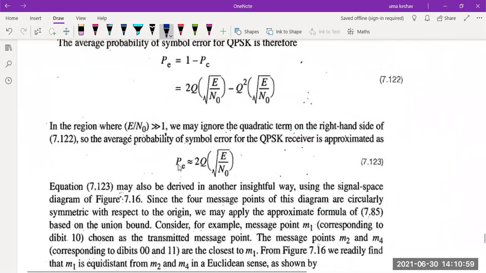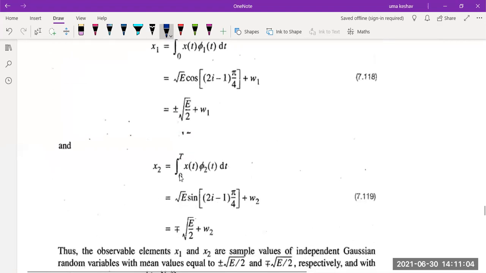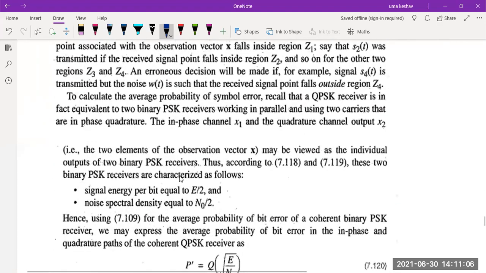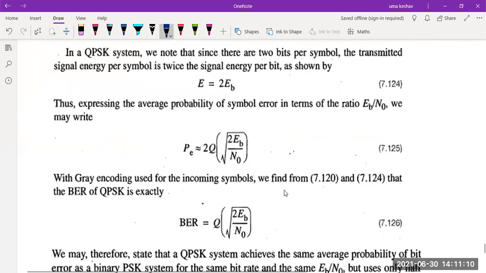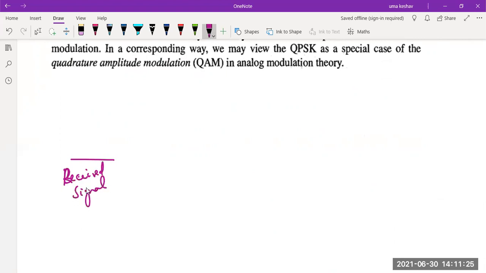The QPSK receiver, I haven't put it here. Okay, let me just draw the block diagram of the QPSK receiver. It should have two correlators. Let me draw it here. As usual, we will receive the received signal here.